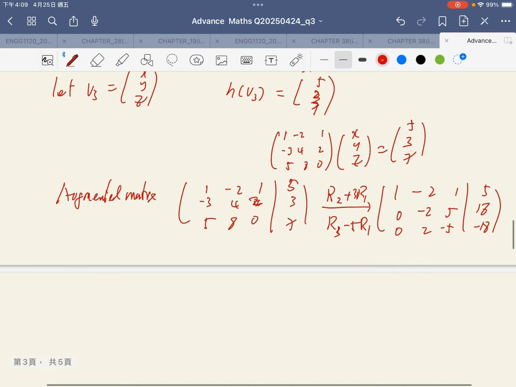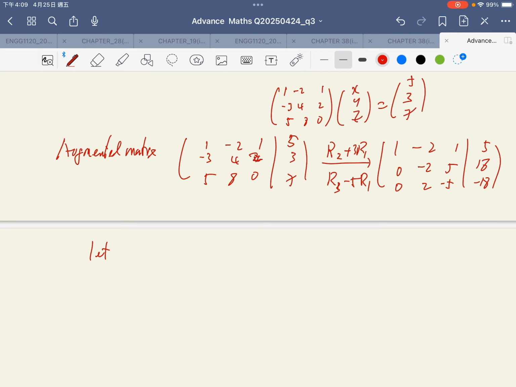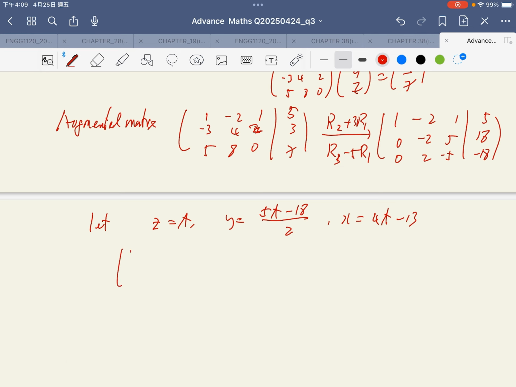Then the second and the third row are actually the same. I stop here and let z equal t. Then y, use this equation to calculate y: y is 5t minus 16 over 2, hmm, and x equal to 4t minus 13.